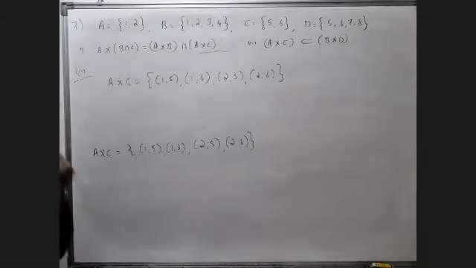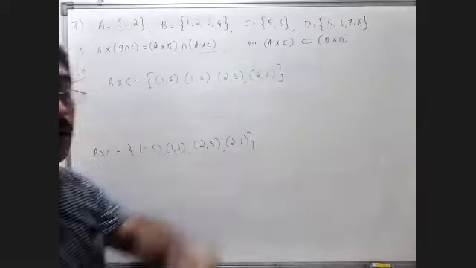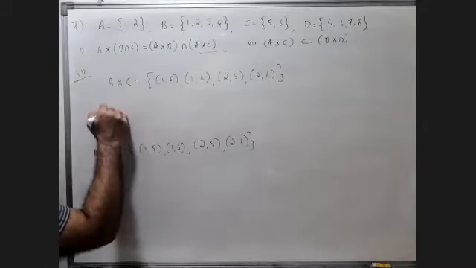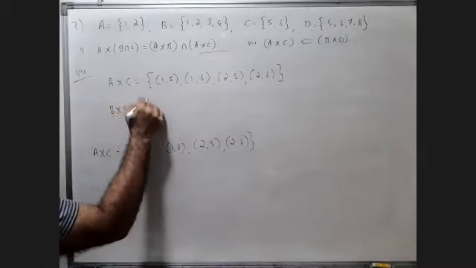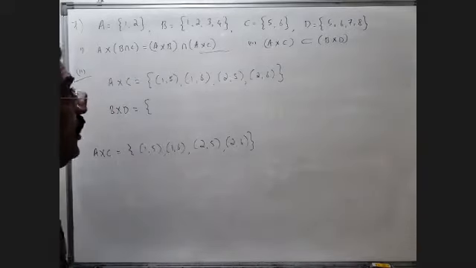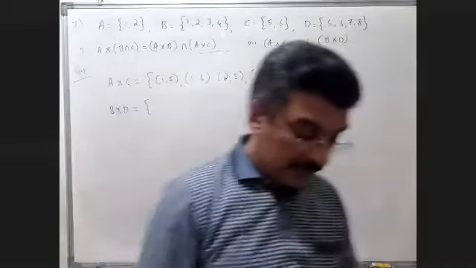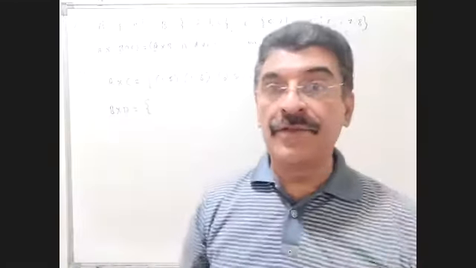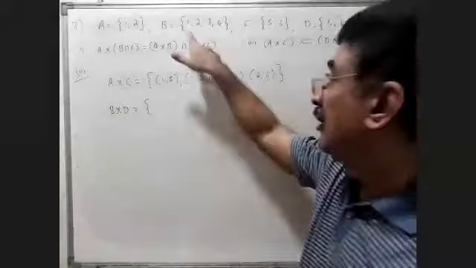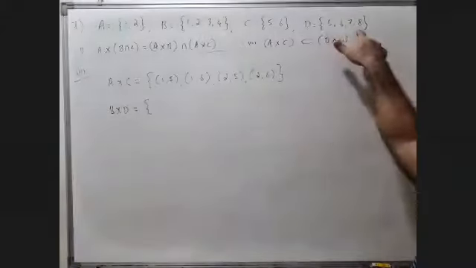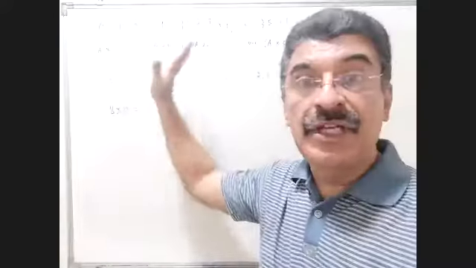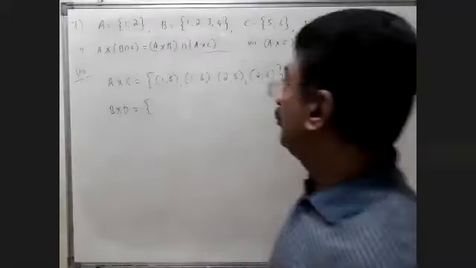Then B cross B. To write B cross B, again, take the first element in B, pair it with all the elements in B. See, B has 4 elements. So in all, 4 fours are 16 pairs. Write all those pairs.